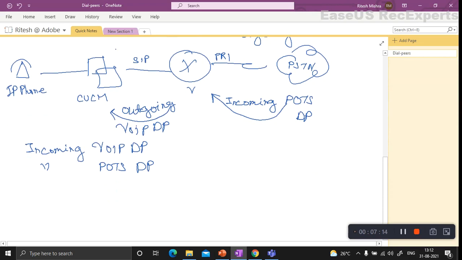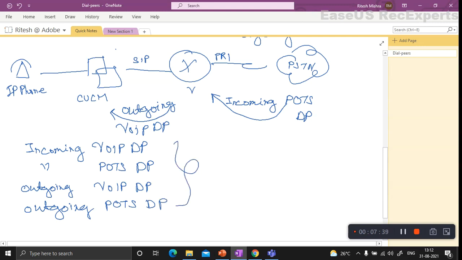You will need an outgoing VoIP dial pair, and you will also need an outgoing POTS dial pair. So these are the four types of dial pair you will be needing, based on direction and based on the call leg. This is how you understand what dial pairs are needed to configure a voice gateway to route the calls.